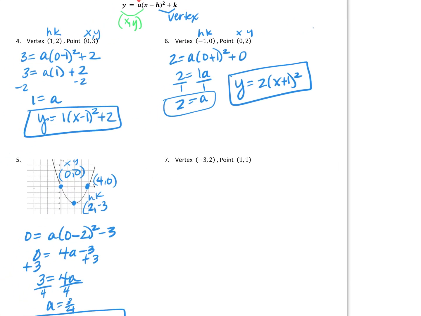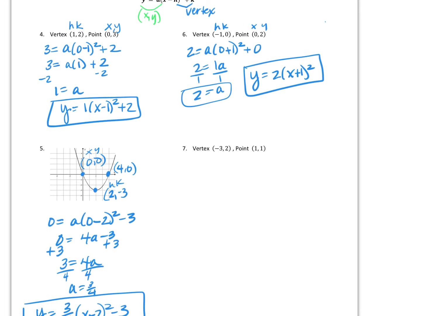Let's try one more. h, k, x, y. Feel free to pause the video, try it yourself. So 1 equals a times x, which is 1, minus h, so plus 3 squared, plus 2. 1 equals, okay, so 1 plus 3 is 4. 4 squared is 16a plus 2.